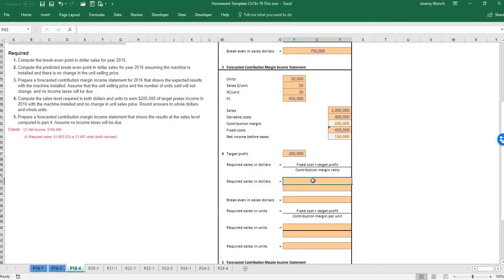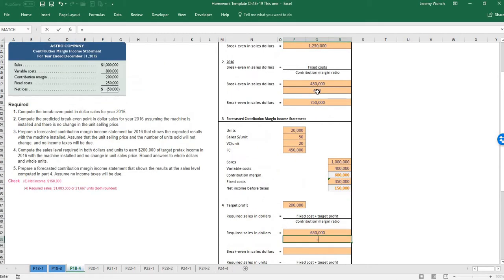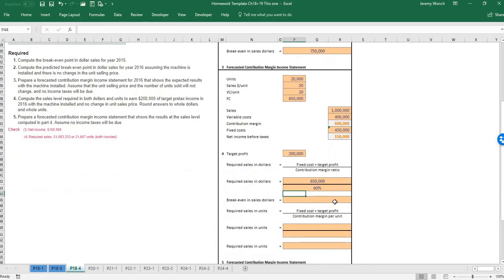straightforward. So now our fixed cost plus target profit. So we have our 450,000 plus our target profit. So now our required sales, fixed cost plus target, is 650. And we already calculated our contribution margin of 60%.